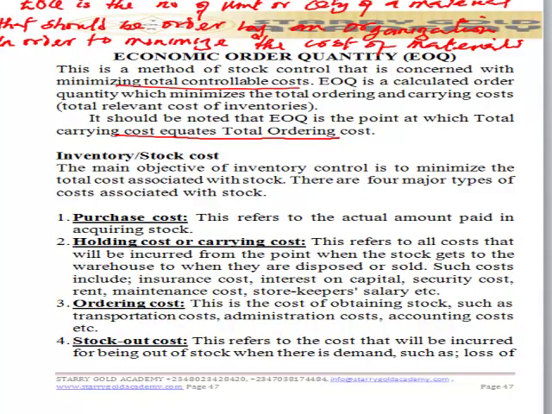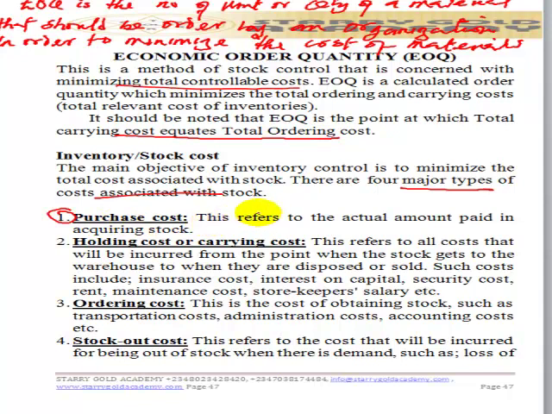economic order quantity. Now, in determining the economic order quantity for a company or an organization, there are four major costs that are associated with the EOQ, and we need to understand the costs that are associated with inventory. There are four major types of costs associated with stock.